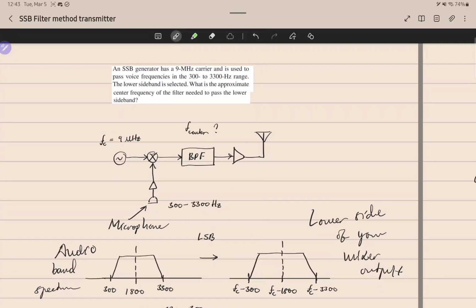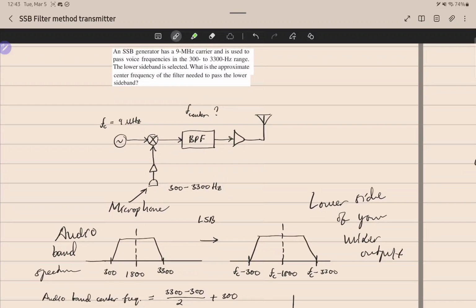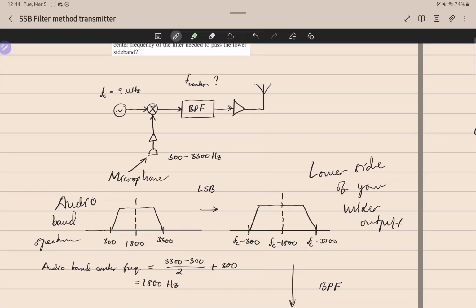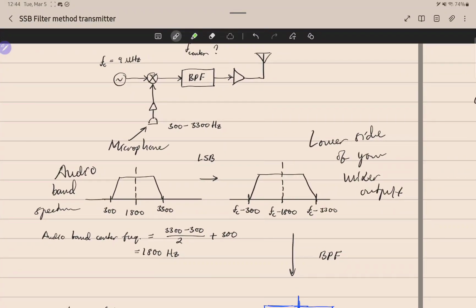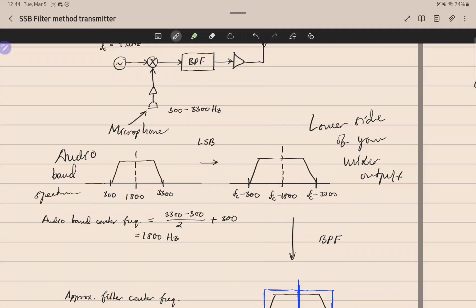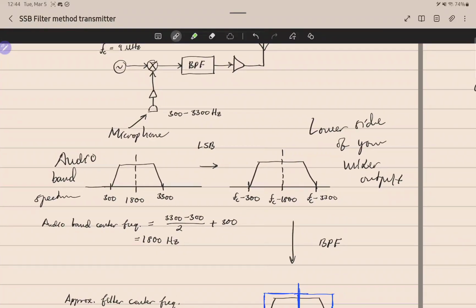Let's assume that whatever audio you pick up is within 300 to 3300 hertz. So what does that mean? First, we draw an audio band spectrum. Your microphone bandwidth is 3 kilohertz. It starts at 300, ends at 3300.